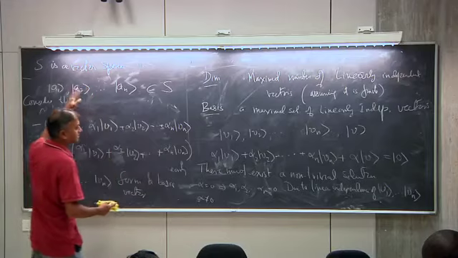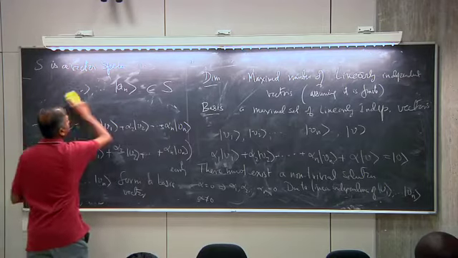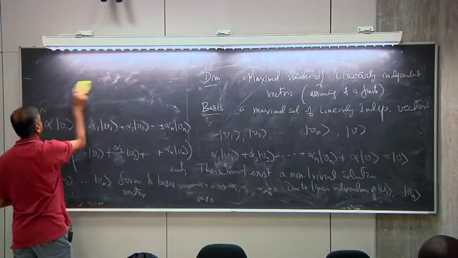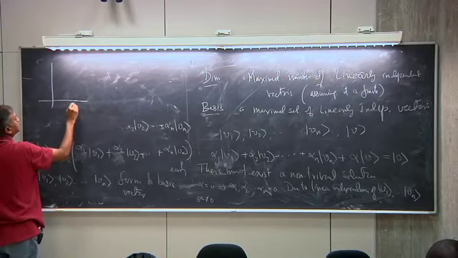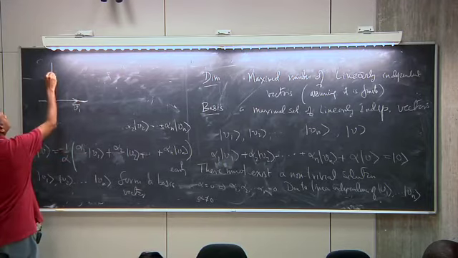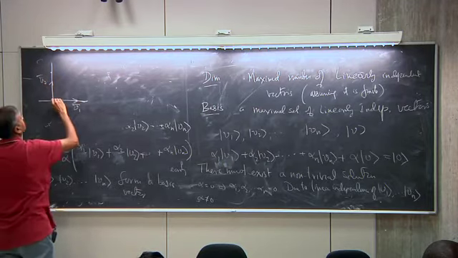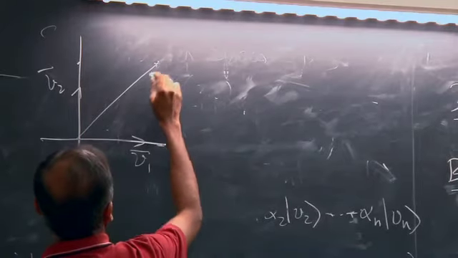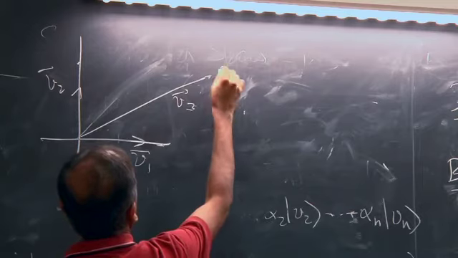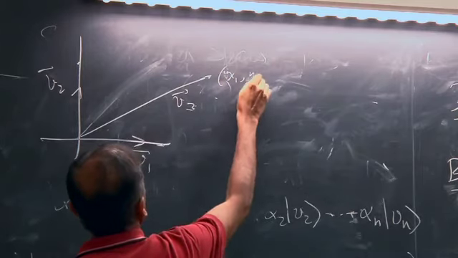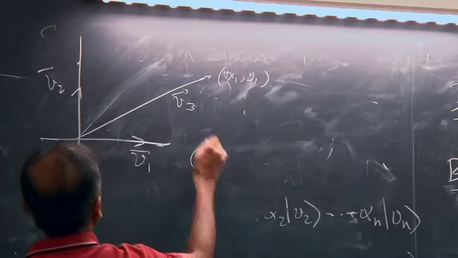In that example, which I erased now, you remember we had 3 vectors. In the example here, this was v1, this was v2, and something here, this was v3, with the components x1, y1. This was 1, 0.